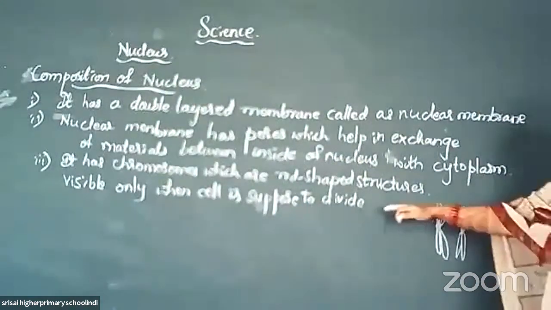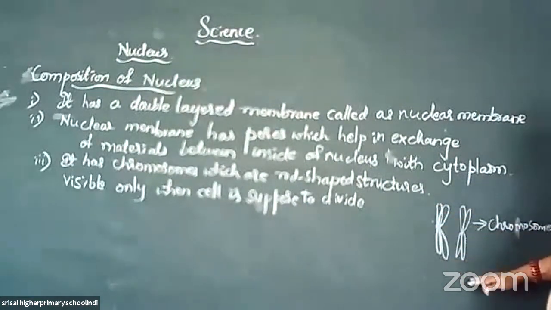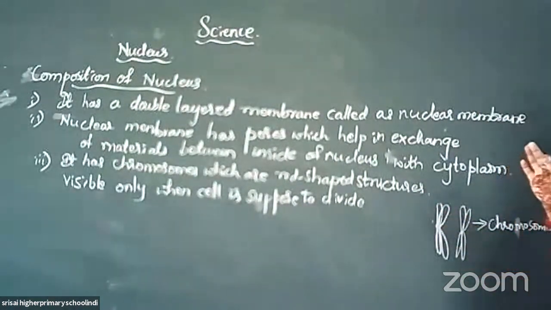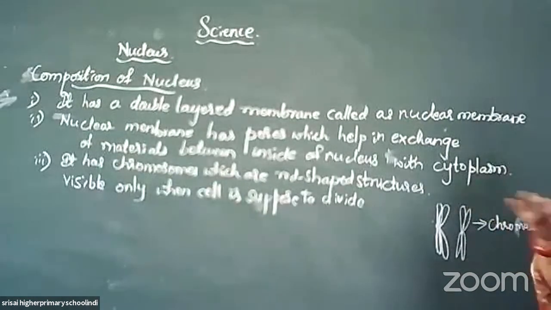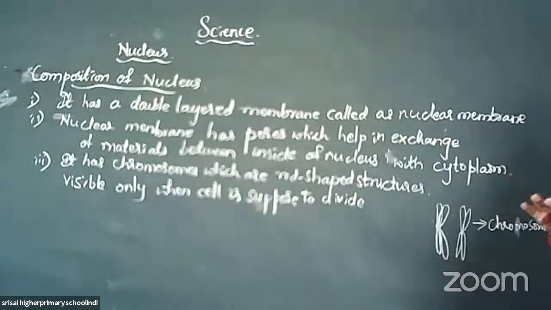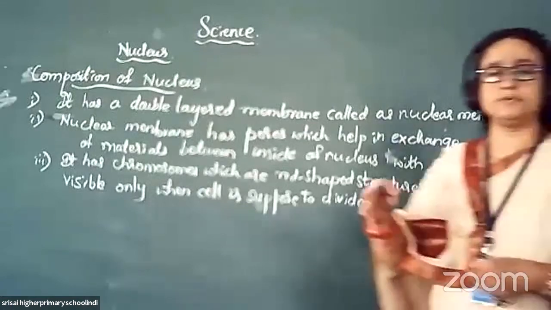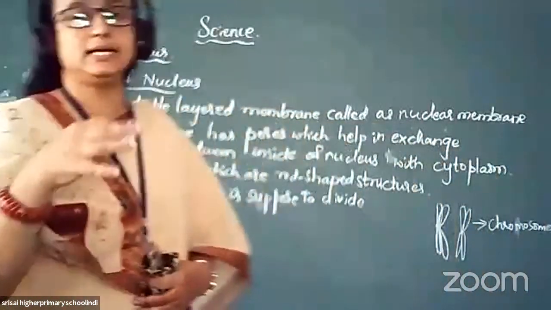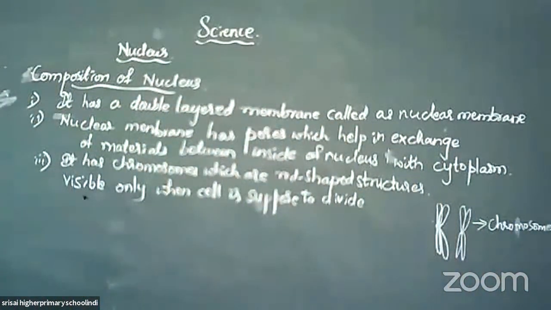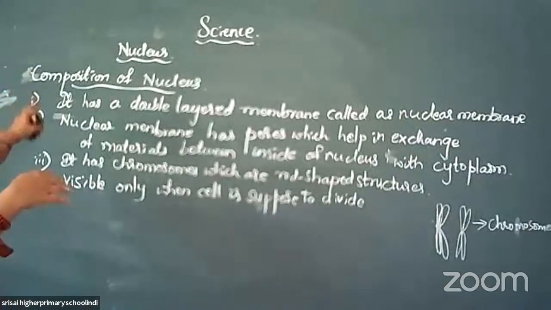Only when the cell is supposed to divide will these rod-shaped structures be visible. If the cell is not going to divide, they will not be visible. They will be present in the form of entangled thread-like structures, called chromatin material. So this is about the composition of the nucleus.